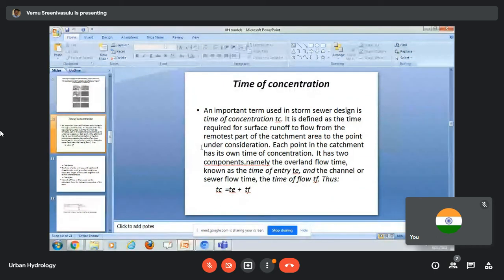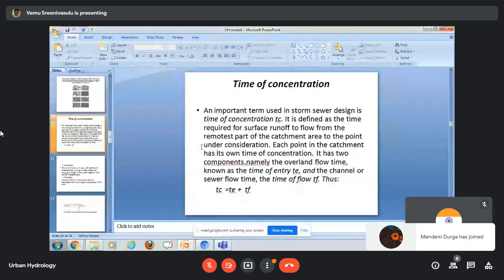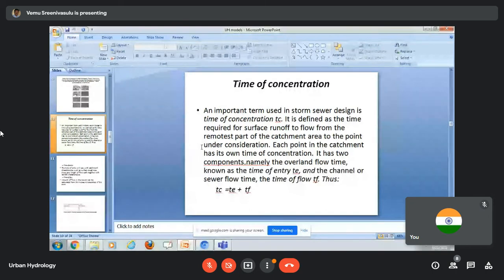Right? As I said, take the Godavari catchment. It starts from Maharashtra, let us say Nasik, and some parts are in Karnataka, Telangana, Chhattisgarh, Orissa and Andhra. All of this comes under the Godavari catchment.